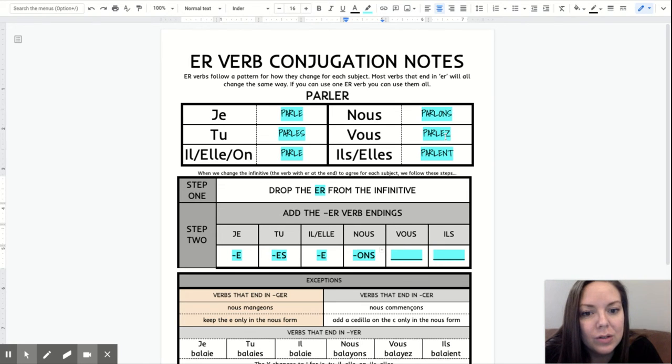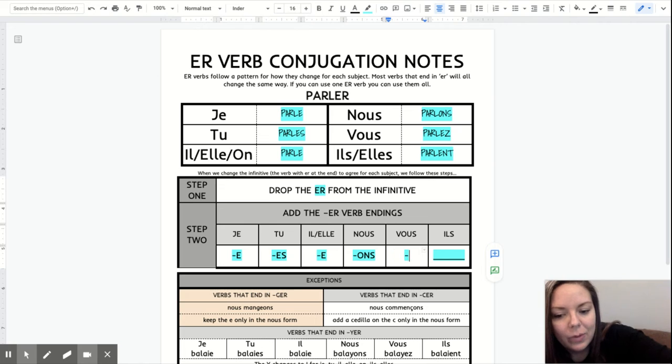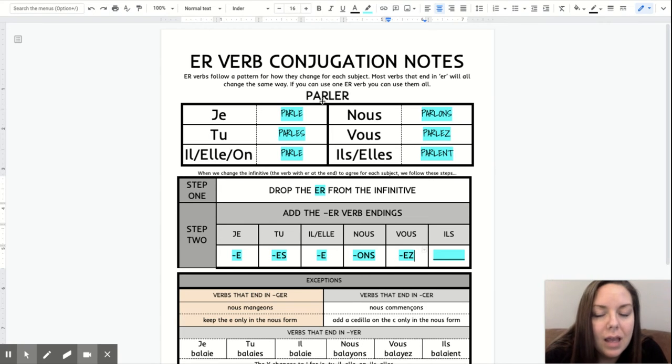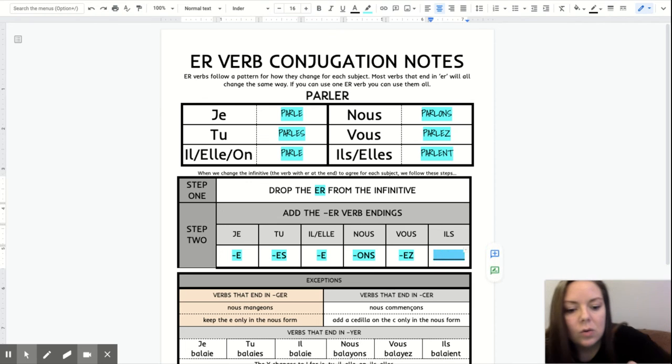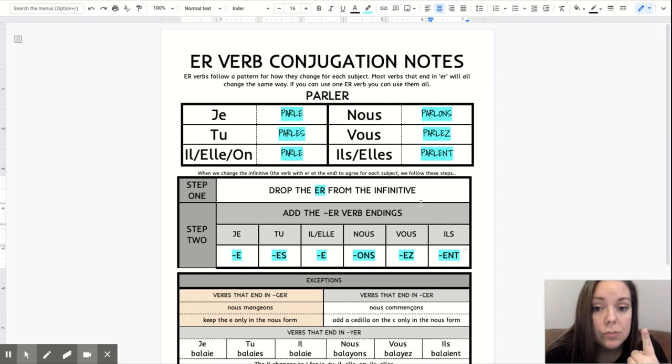For vous, we drop that ER, we're going to add EZ, easy. And we drop the ER on ils and elles. So we're going to add E-N-T. Okay, so first step, drop the ER. Step 2, add the endings for the person, for the pronoun.